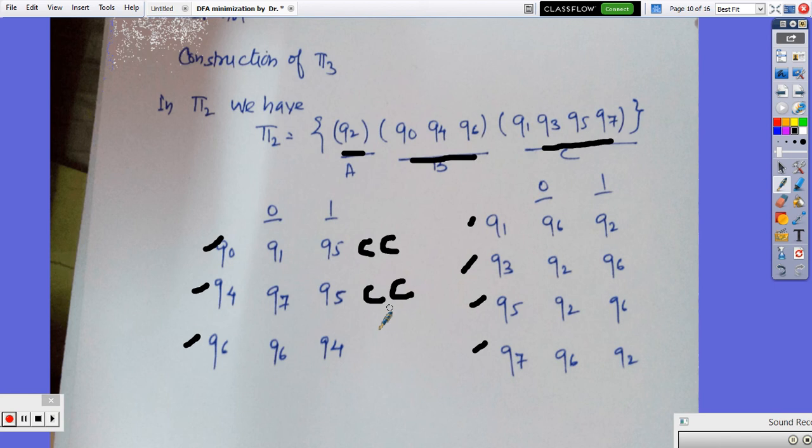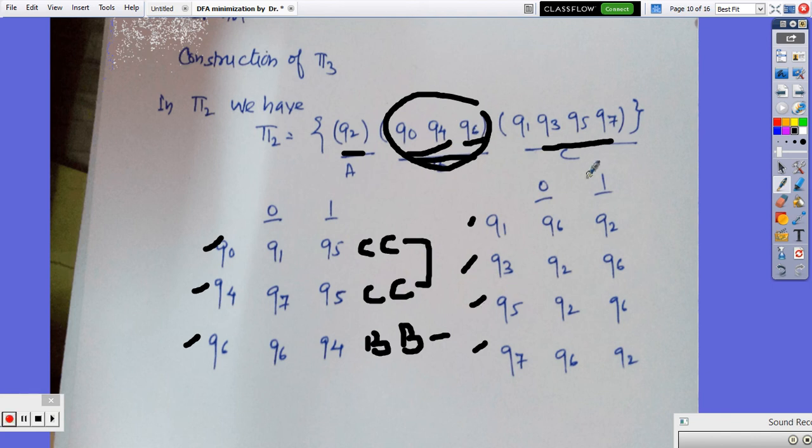Q6 belongs to B set, so I write B, and Q4 belongs to B set only, so I write B, B. So here we can easily see that these two states belong to one set, and this should be separated. Out of this set we need to split. This should be kept together, this should be separated.